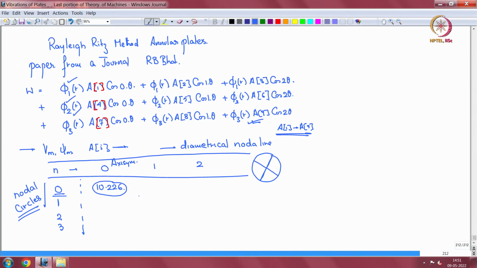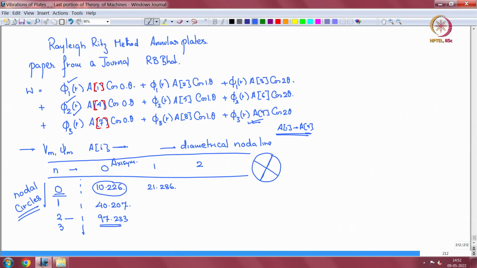Then for one diametrical nodal line I got 21.286. Then for 1 0 crossing, I got 40.207, and for 2 0 crossings I got 97.233, which is way higher than the actual value.